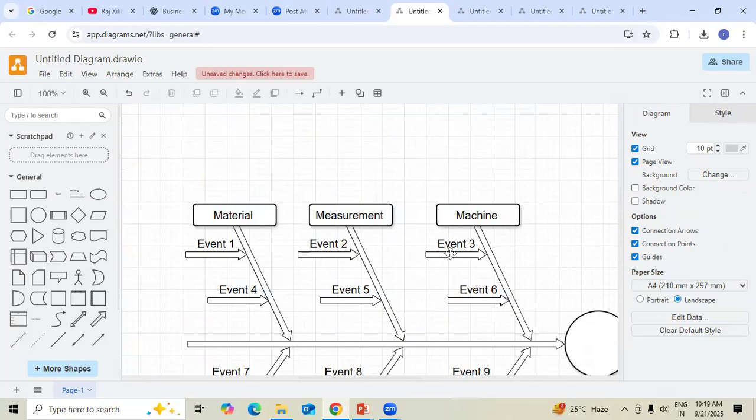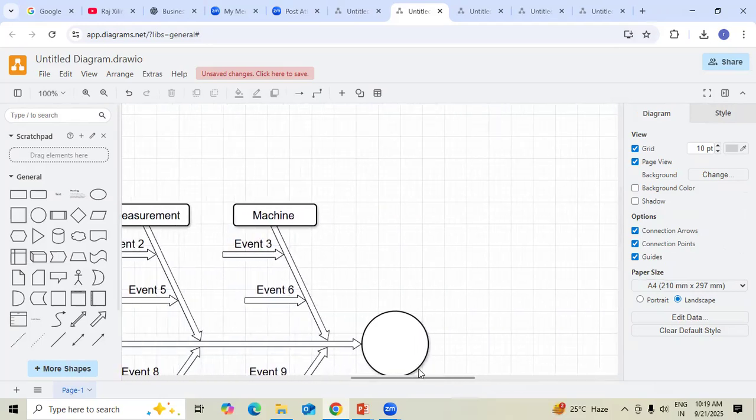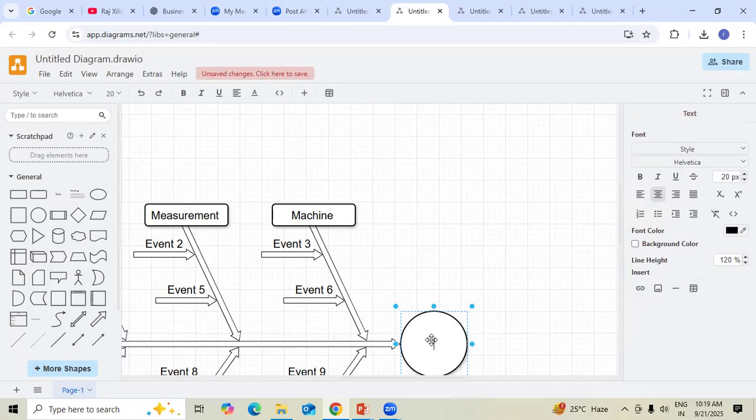Now, at the end of the day, this must lead to the problem, for example a wrong size.